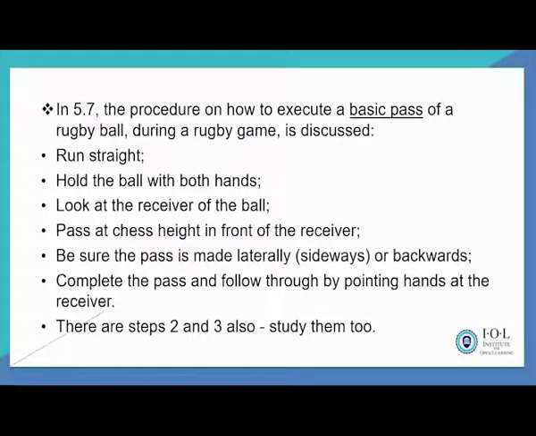The pass is made laterally, that means sideways or backwards, not forward. Complete the pass and follow through by pointing hands at the receiver. There are steps 2 and 3 also.